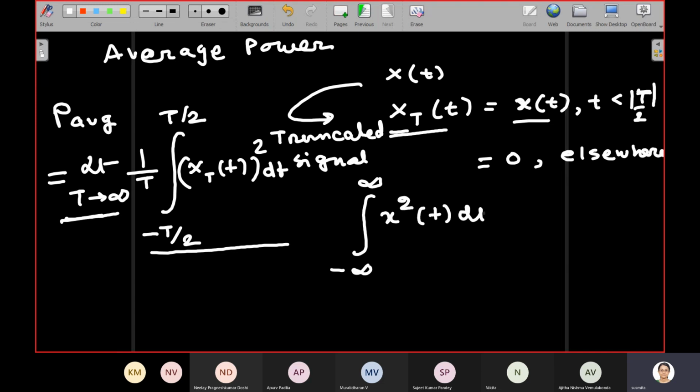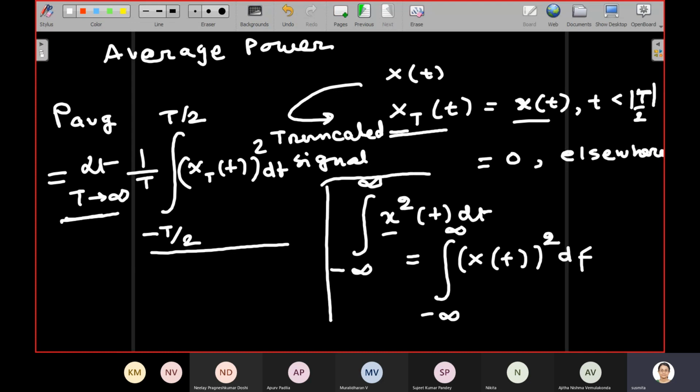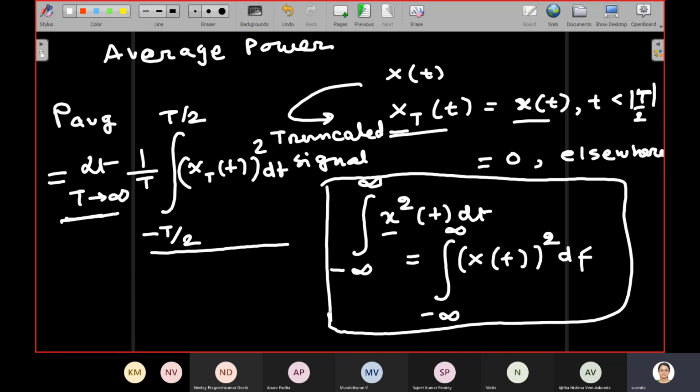This is the time domain integration, and the theorem says that in the frequency domain, the left hand side is equal to this, where capital X of f is the Fourier transform of x of t. So we are going to make use of this theorem, which relates the time domain integration to the frequency domain.